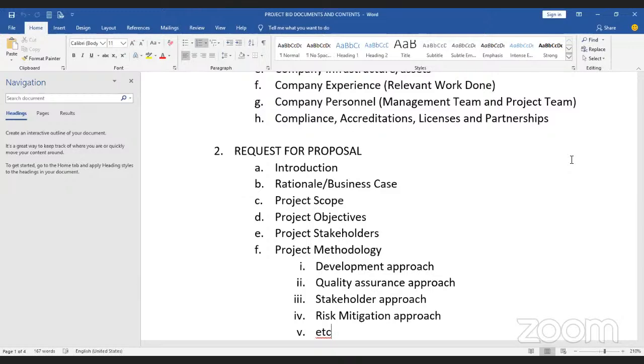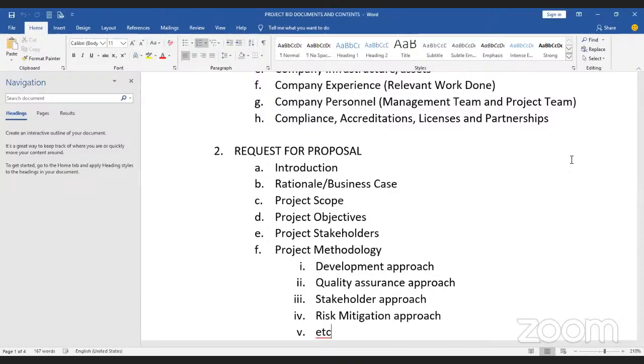What we want you to introduce here is the project need. We want you to introduce the project and show us that you understand the project you want to undertake. The introduction gives us the overview of this project and lets us know to what extent you understand it.